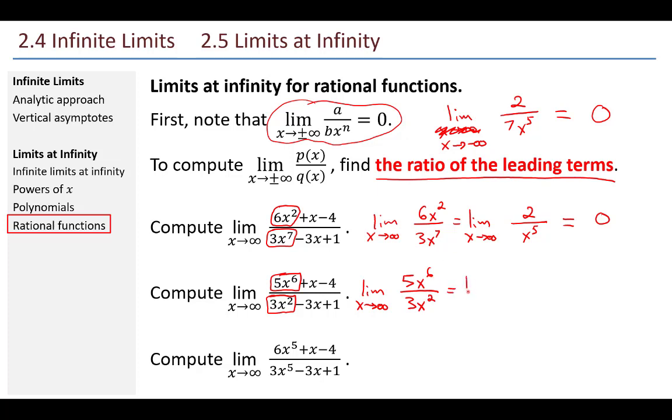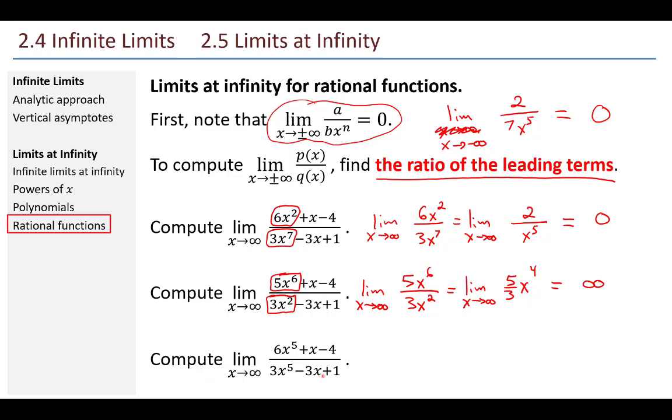And so 5 over 3 is 5/3. But now the x's I'm left with is just an x to the 4th. So this looks like my power of x, and it has a positive coefficient in front. Let's see, x to the 4 will go to infinity, so this whole limit is infinity.